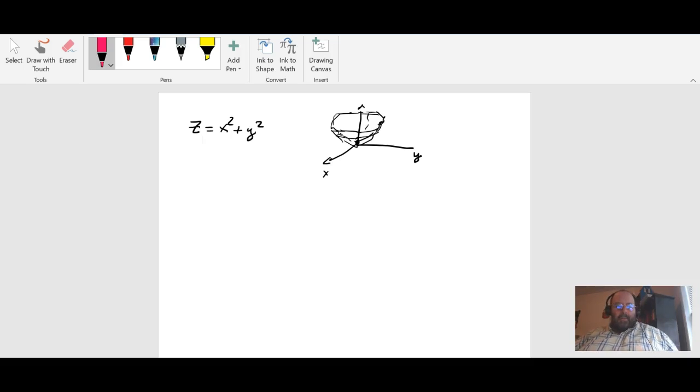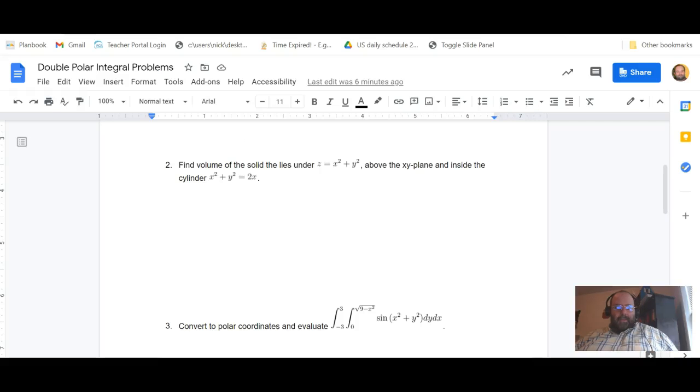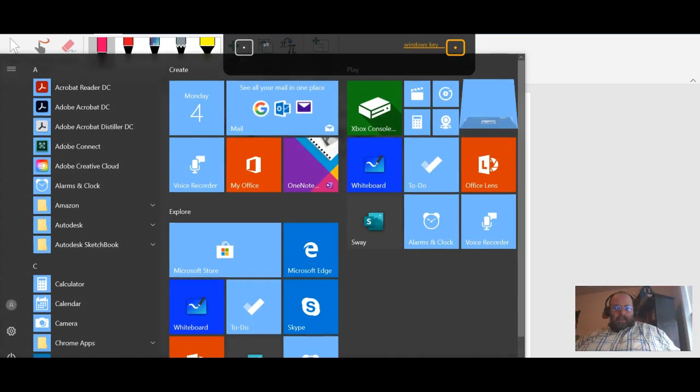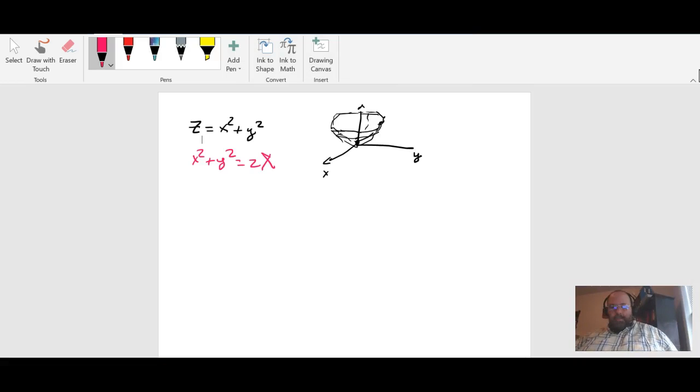And then what we did is we said the boundary and the floor was this, let's go back and take a look, get it right. X squared plus y squared equals 2x, which we played around with using completing the square.